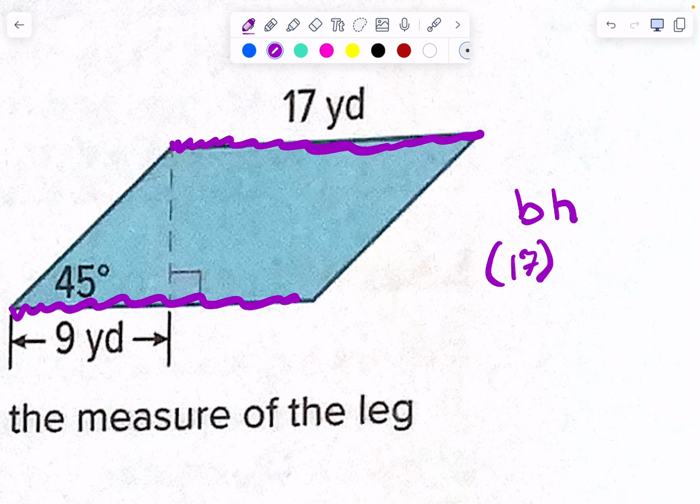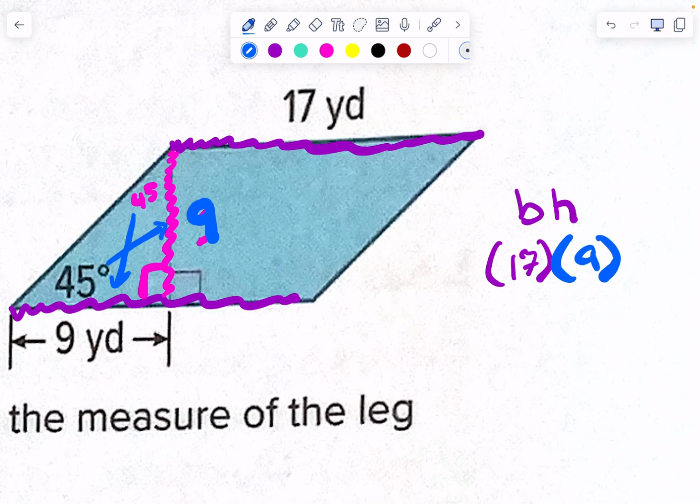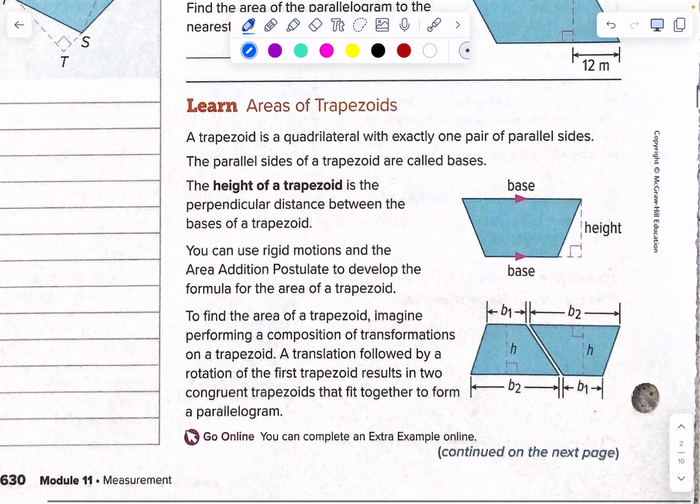It's a 45, 45, 90 triangle. If that's a 45, 45, 90 triangle, those two sides are going to be the same, which means my height is 9. Right? Let me see if they do another one to you.